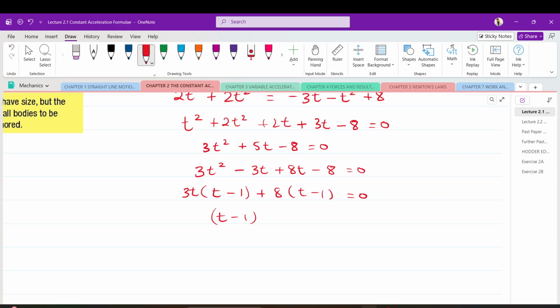So t minus 1 can be factorized, and you will be left with 3t plus 8 equals 0. So that means t is equal to 1, or t is equal to minus 8 over 3.